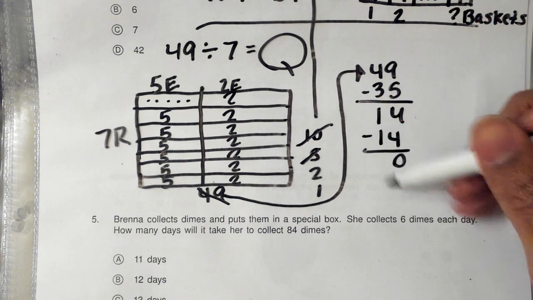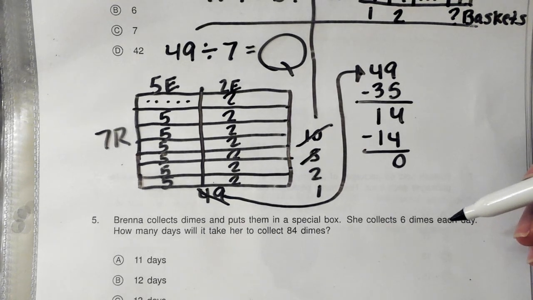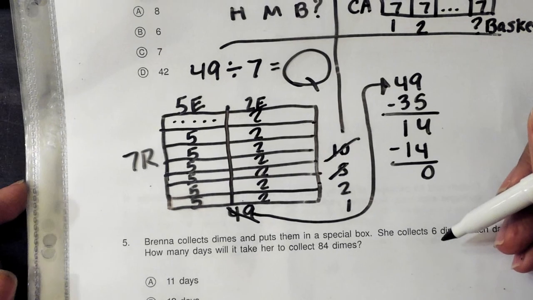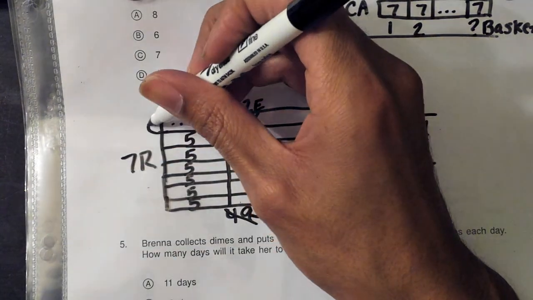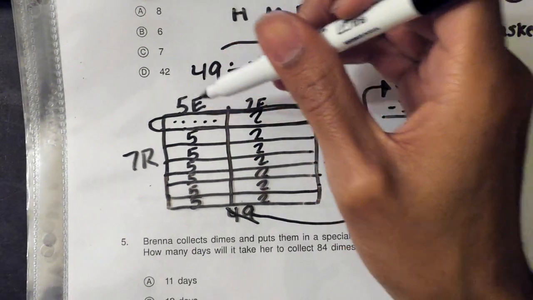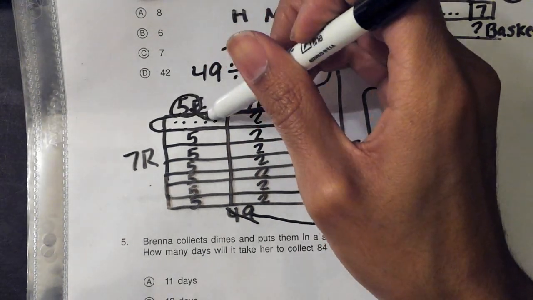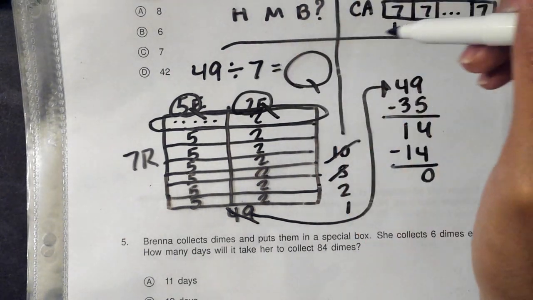How many do I have left to share? I have nothing left to share. That means I'm done sharing. So now I need to focus on how much each group got. So if I cover everything, and I just circle the first group, I see that first they got 5, and that's part of my quotient, and then they got 2, so that's part of my quotient.